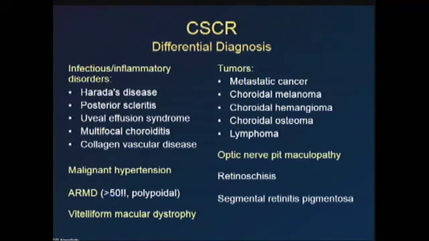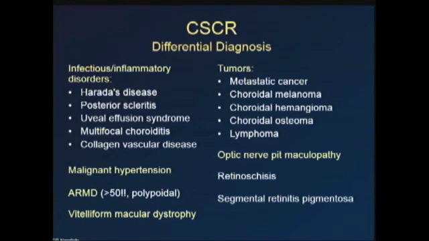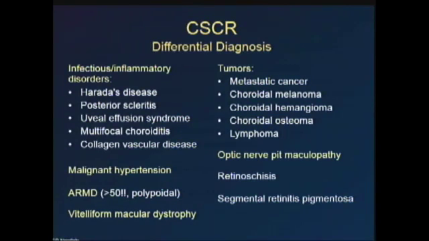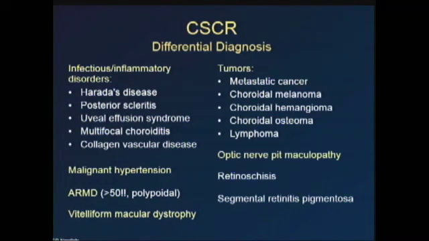Not every subretinal fluid means CSR. CSR has to be differentiated from inflammatory diseases such as posterior scleritis, Harada, and multifocal choroiditis, and from malignant hypertension, because malignant hypertension also causes focal ischemia of the choroid and therefore leakage and disruption of the RPE pump. Polypoidal vasculopathy, a subtype of AMD, which we're going to cover in 2 weeks, can also give exudative phenomena and neurosensory retinal detachments.